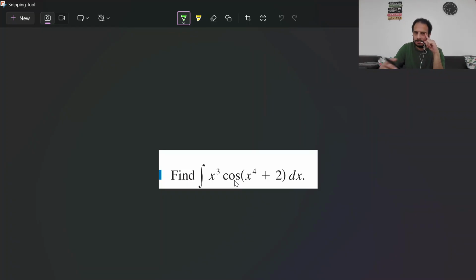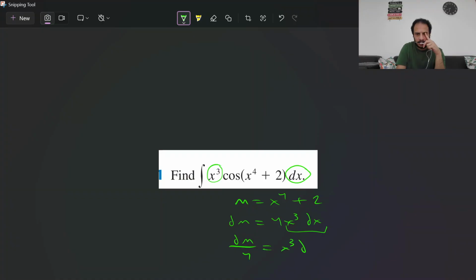So we can take cos of x to the 4 plus 2. Yes, thank you. So m equals x to the 4 plus 2. Then dm, what is dm? dm is 4x cubed dx, right? Here you have x cubed dx, and here we have x cubed. So it's good. Divide both sides by 4, you get dm over 4 equals x cubed dx.